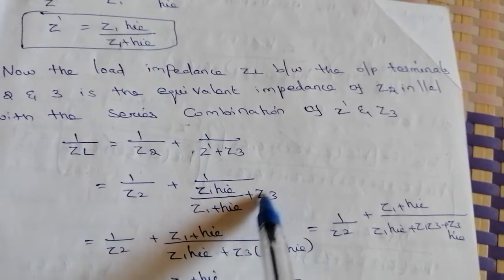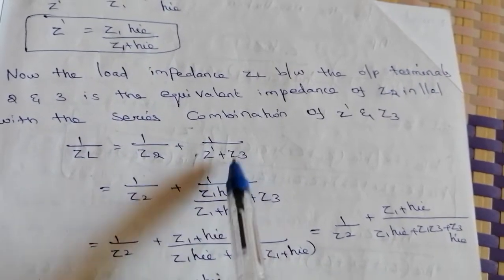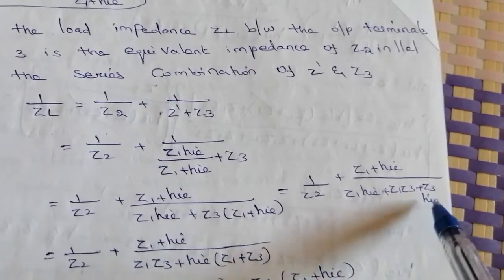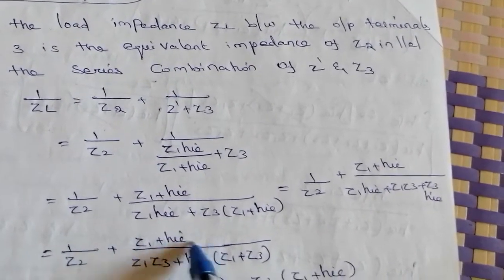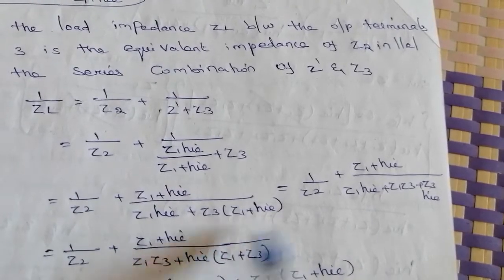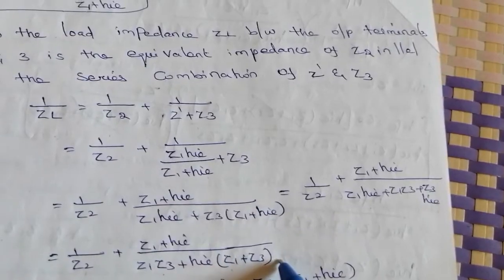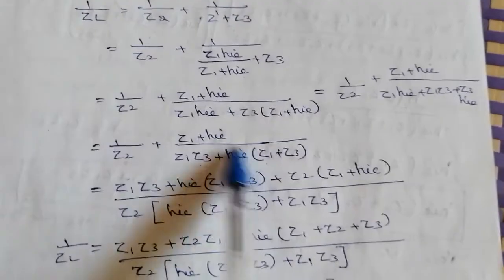Now take the LCM of this, and the denominator goes to the upper side, we can get this form. Now 1 by Z2 plus Z1 hie divided by Z1 Z3 plus Z1 hie, where Z1 is common, so Z1 plus Z3.